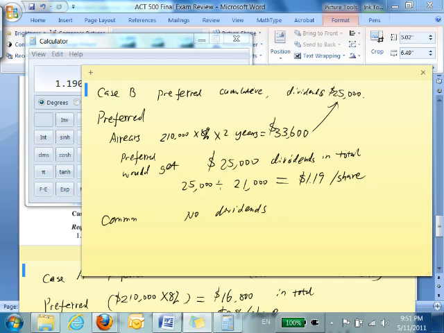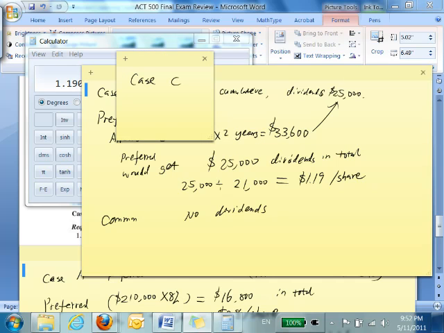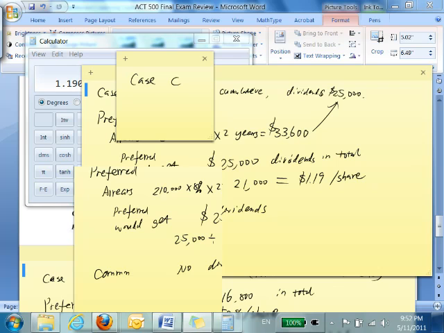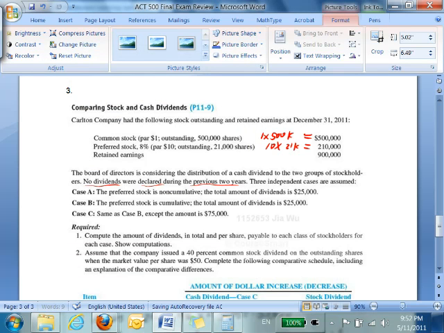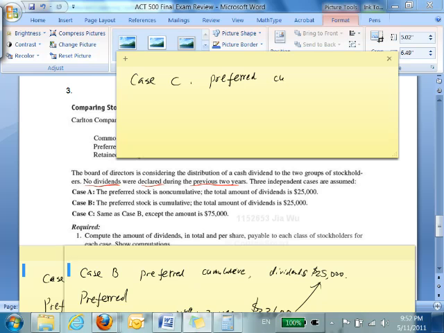Okay, let me move on to case C. In case C, same as case B, except the dividend amount is 75,000. So the preferred stock is cumulative. Okay, we have a higher dividend amount.